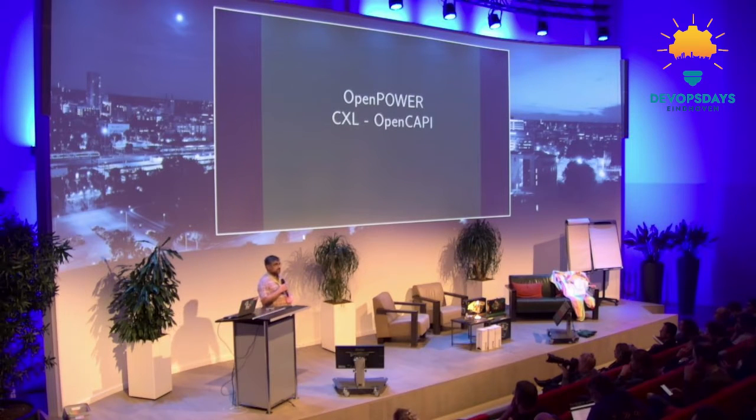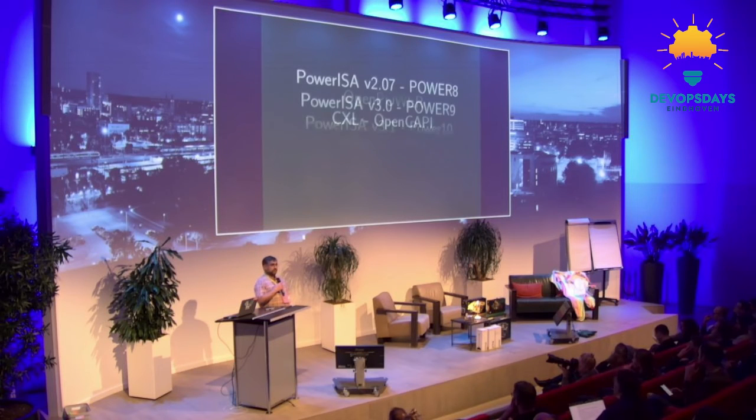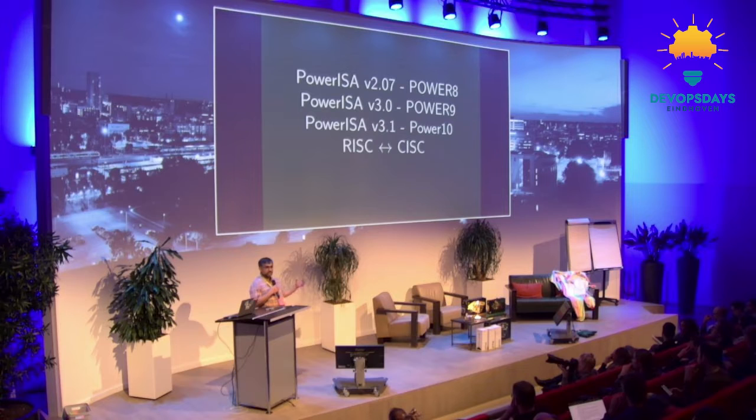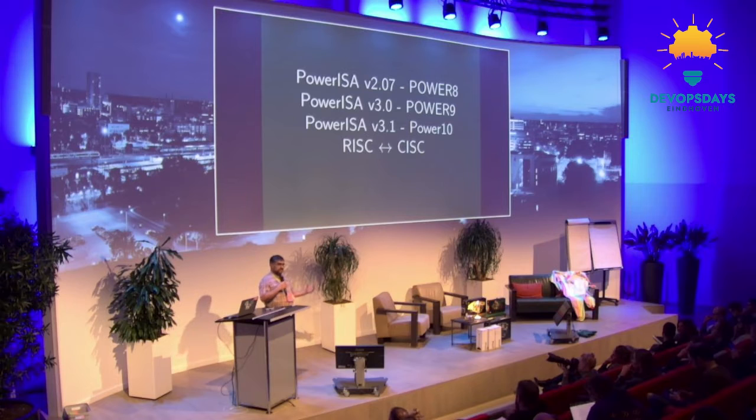One of the examples I will be talking about is OpenPower. And now, of course, there's also CXL, which is the open source accelerator behind it. This technology is now completely open source, which means you can go to the website and find the instruction set. You can build a processor compliant with this instruction set. It's a RISC-based processor in place of a CISC-based one, so it's more aligned to the ARM ecosystem.